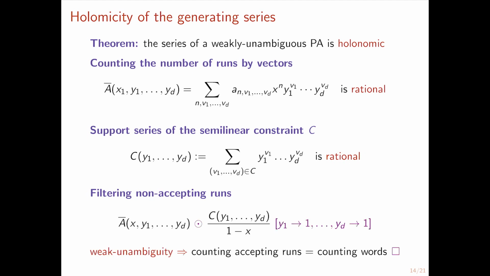Finally, we specialize the variables concerning the vectors to 1, preserving holonomicity, to only keep a series counting the accepting runs by length. As the automaton is weakly-unambiguous, counting the accepting runs of length n is equivalent to counting the accepted words of length n, so the generating series of the language recognized by the automaton is holonomic.